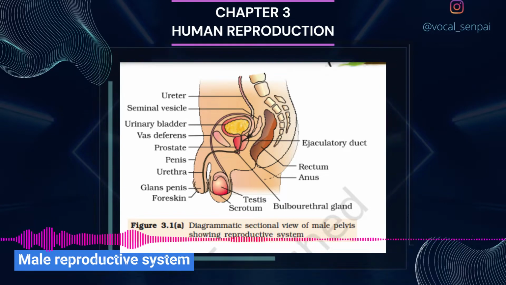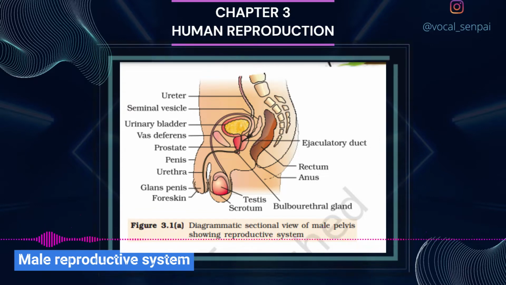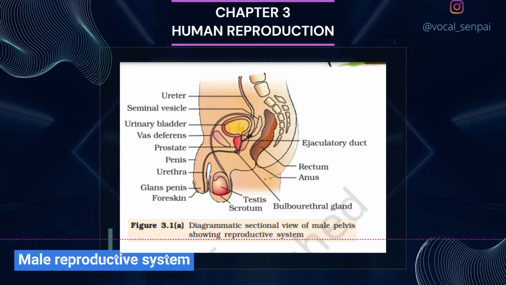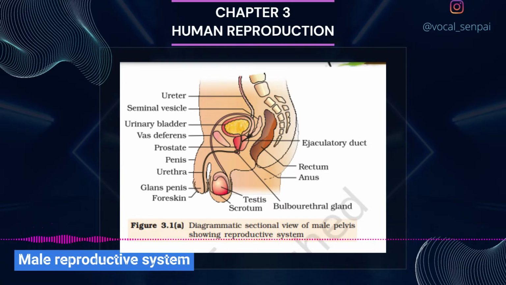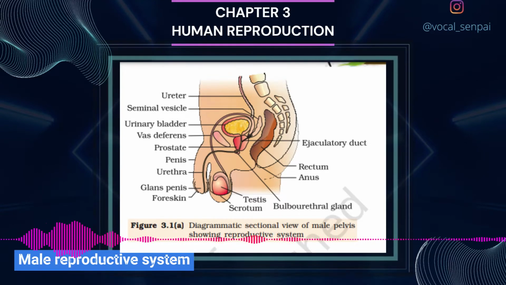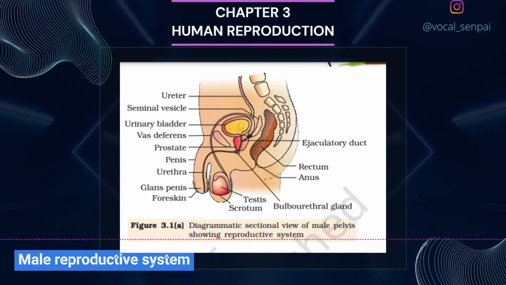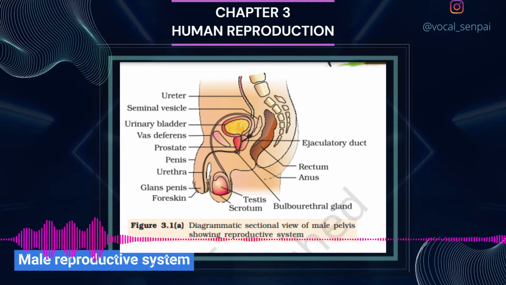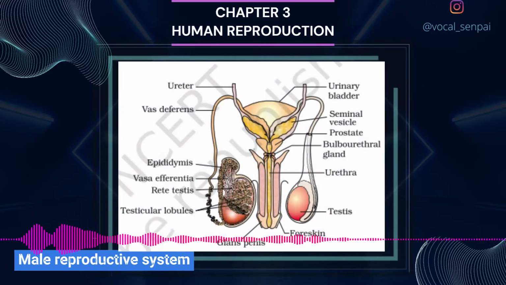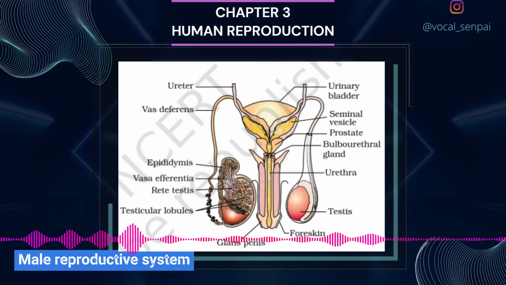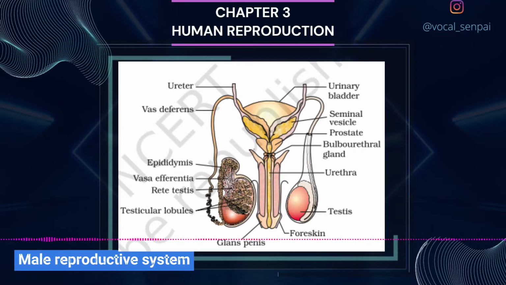Each testis has about 250 compartments called testicular lobules, figure 3.1b. Each lobule contains 1 to 3 highly coiled seminiferous tubules in which sperms are produced. Each seminiferous tubule is lined on its inside by two types of cells called male germ cells, spermatogonia, and Sertoli cells, figure 3.2.